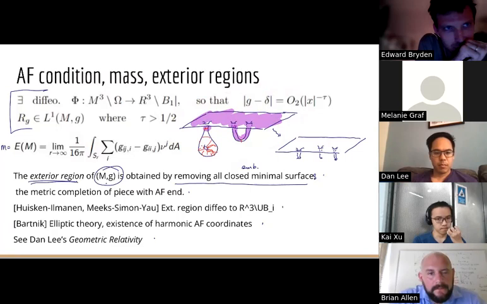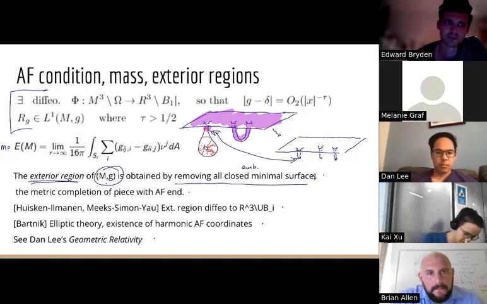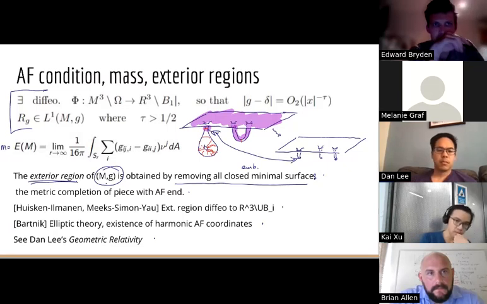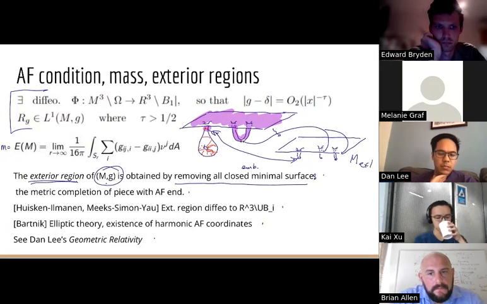If you did that in this picture, you'll have one minimal surface here from that one tiny thing that enclosed that little hoop region, and then you would have two new boundary components that came from deleting the one in that neck or handle that was shown there. So this would be an exterior region, which I would denote M_X.